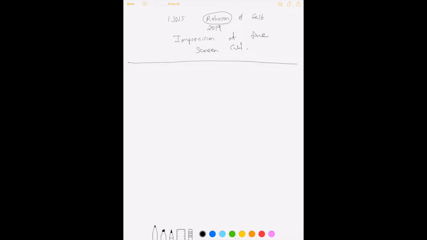Cutoffs tend to be at the lower end of the enzyme activity that you find in populations. 7% of mean activity for MPS 1, 5% for Pompe, or 15% for Pompe if you're using mass spec, 25% of mean if you're using digital microfluidics.